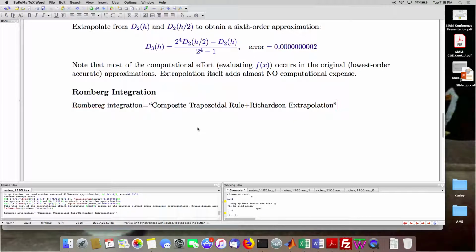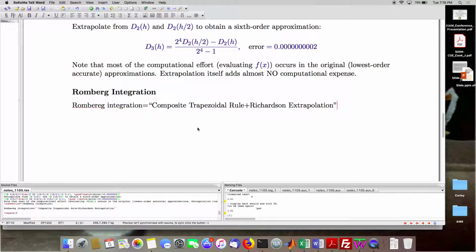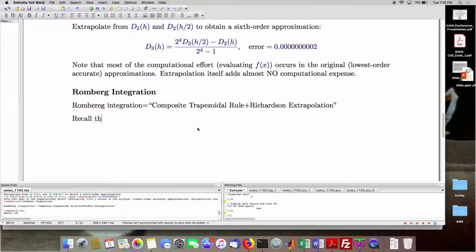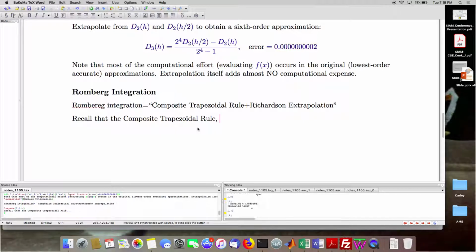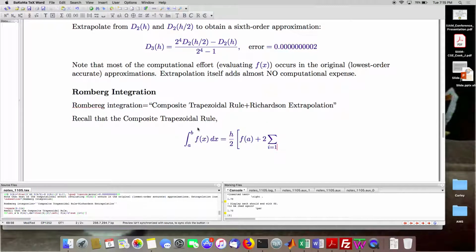Now, in order to justify this, there's one crucial fact about the composite trapezoidal rule that we need, which I'll repeat here. Okay, so it's h over 2 times the sum.